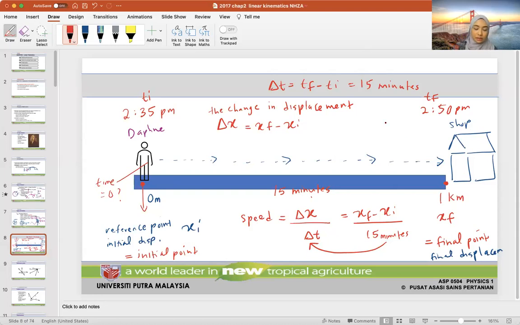Speed is the total distance or total displacement over the total time, the duration of time. So this gives Daphne's speed. Let's calculate it in the SI unit, which is meters per second.